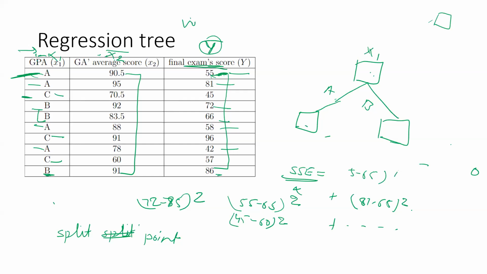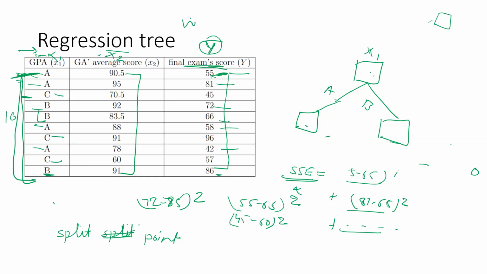Before, you wanted the variance to be minimum or highest. So how will you add across A, B, and C? You're going to add the sum of squared error for A, B, and C. I found the sum of squared error for every possible example, for A separately, for B separately, for C separately.